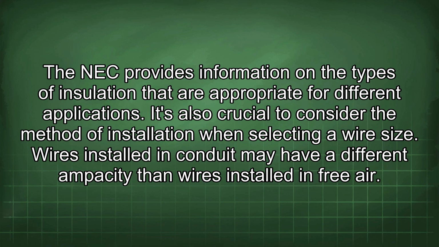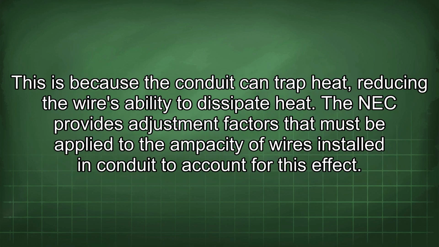It's also crucial to consider the method of installation when selecting a wire size. Wires installed in conduit may have a different ampacity than wires installed in free air. This is because the conduit can trap heat, reducing the wire's ability to dissipate heat. The NEC provides adjustment factors that must be applied to the ampacity of wires installed in conduit to account for this effect.